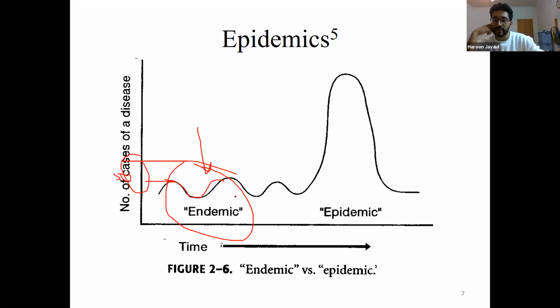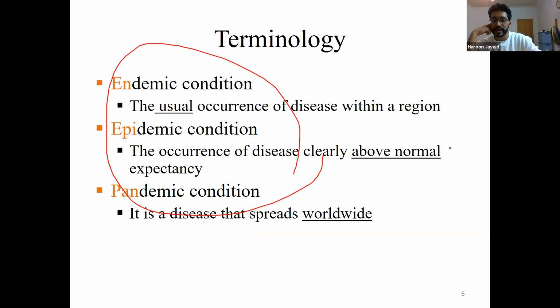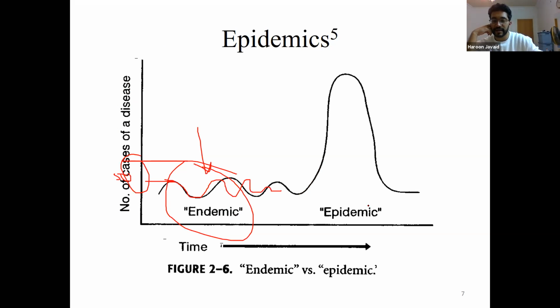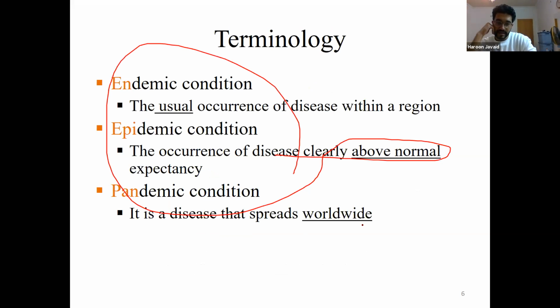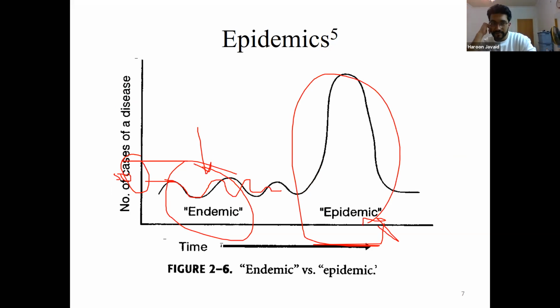It usually happens, or it varies with time. Sometimes it happens, sometimes it does not happen. But if there is a disease which occurs clearly above the normal expectancy in a group, this is called an epidemic. But this is going to be in one region only, like in Saudi Arabia. Epidemic worldwide is pandemic, which is COVID-19 these days. Okay. Any confusion about this?